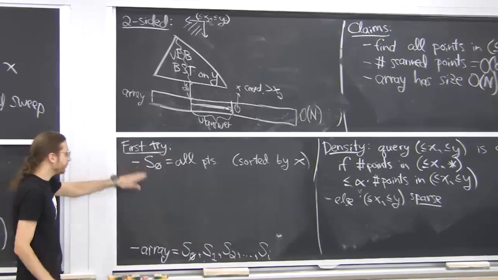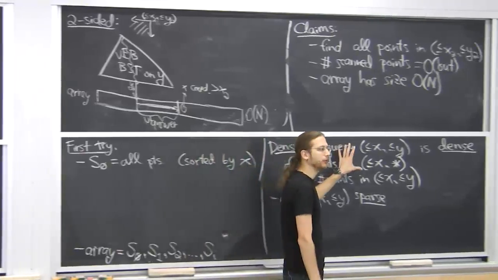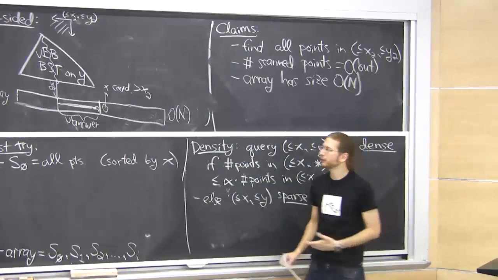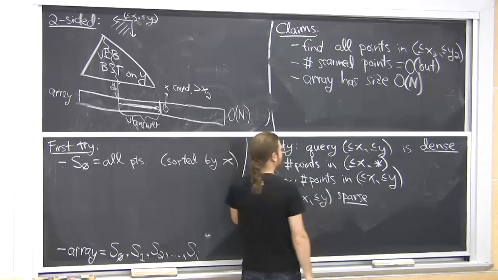Okay, first we write down all the points. Why? Because for dense queries, that's what we want. We want all the points just sitting there. So then you can just read through all the points, and dense queries will be happy.